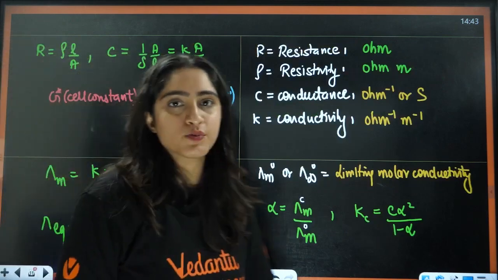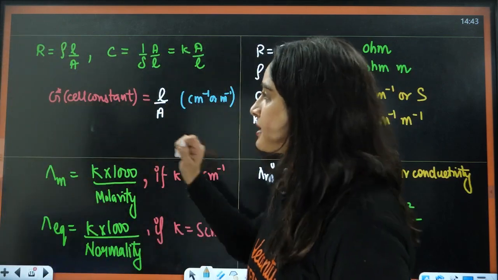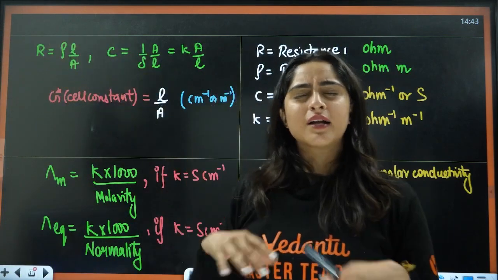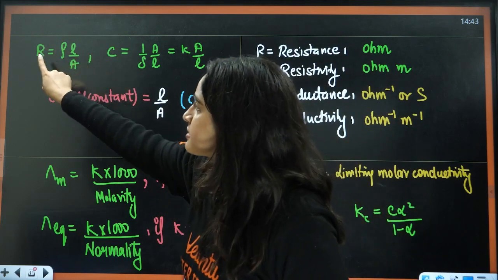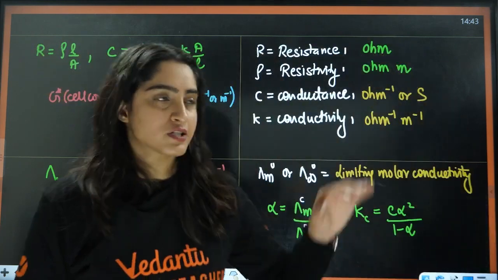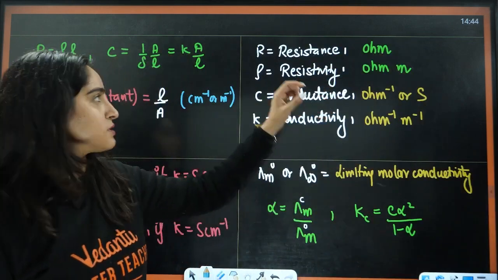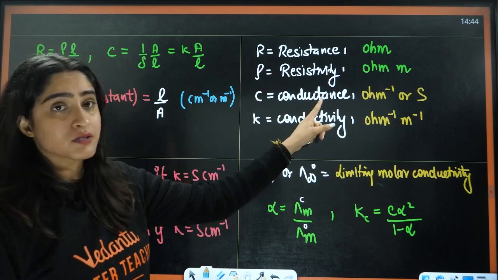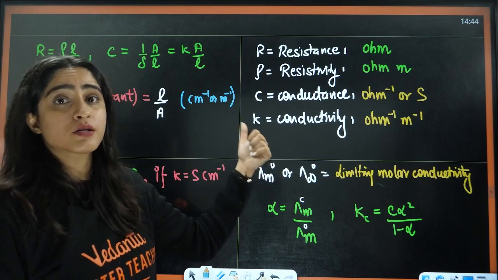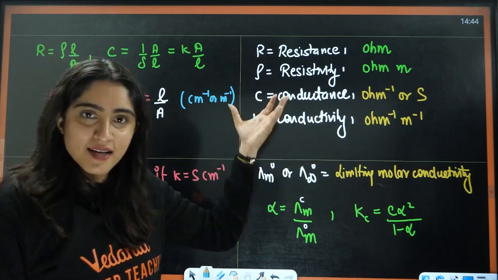Next we have these formulas again. These are related to conductance, resistance and resistivity, very important. First see what each represents. R represents resistance, rho represents resistivity, C represents conductance, and kappa represents conductivity.